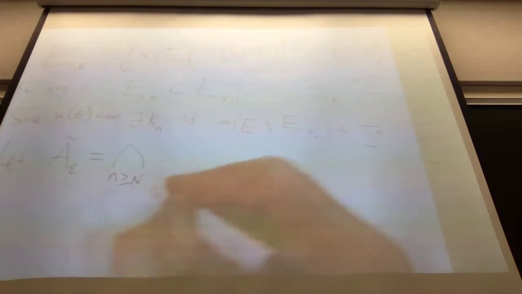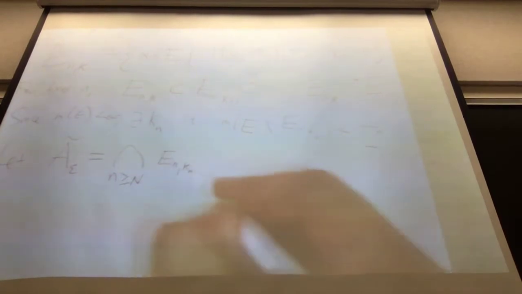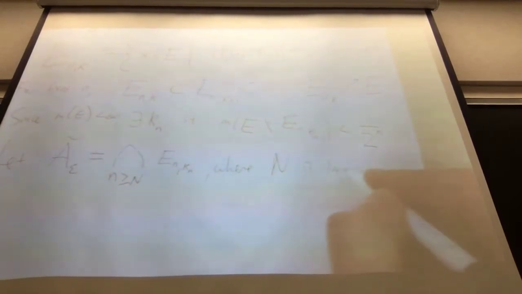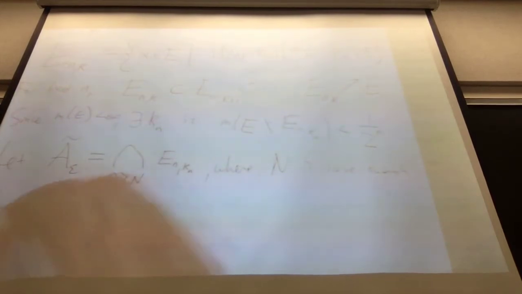I want to choose capital N in a certain way, and then take this intersection over these sets where capital N is large enough that the sum of 1 over 2 to the n is at most epsilon.